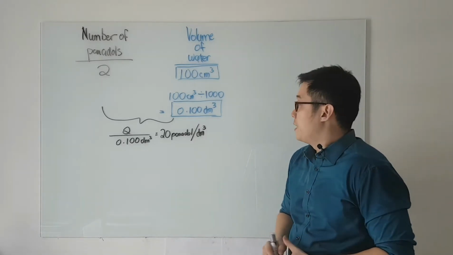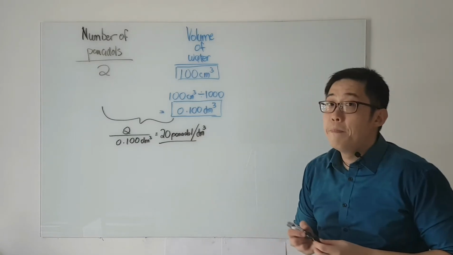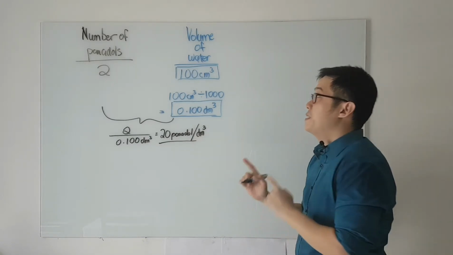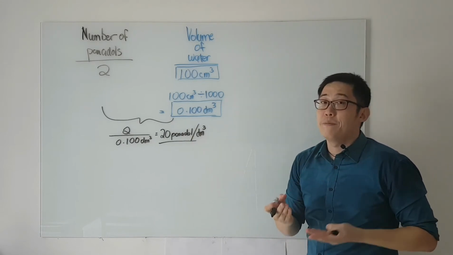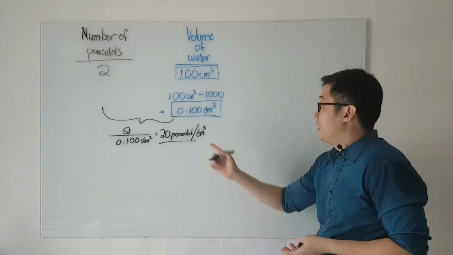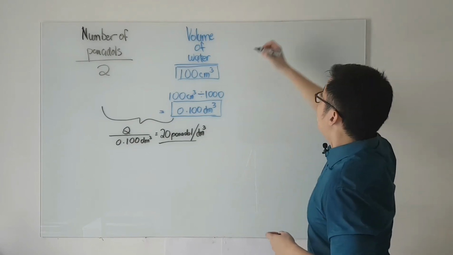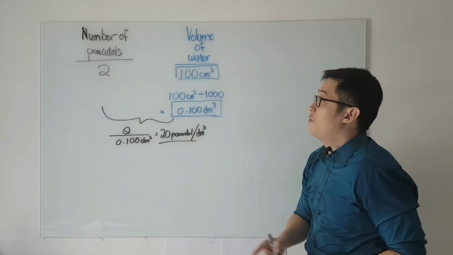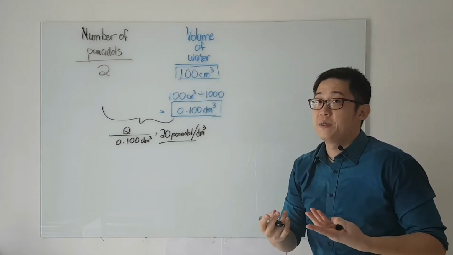Now, students, I am also very curious about the mass. If I were to express this concentration in terms of how many grams of Panadol I have in 1 dm cube of water, you will agree with me that I first need to convert the number of Panadols to mass.